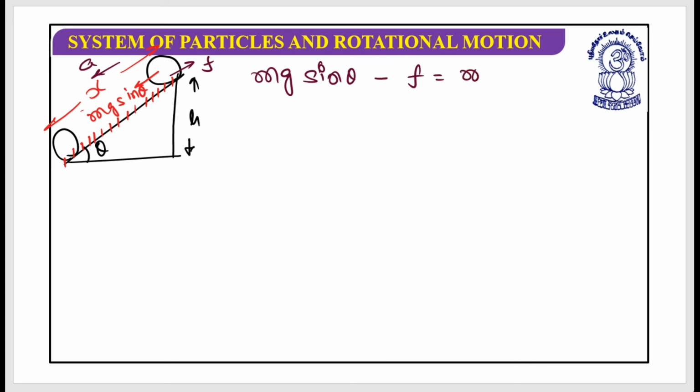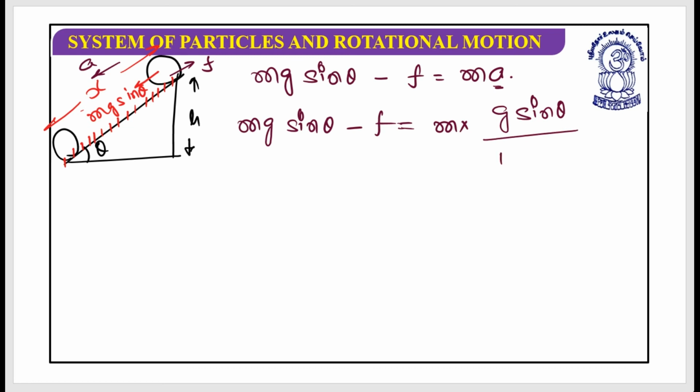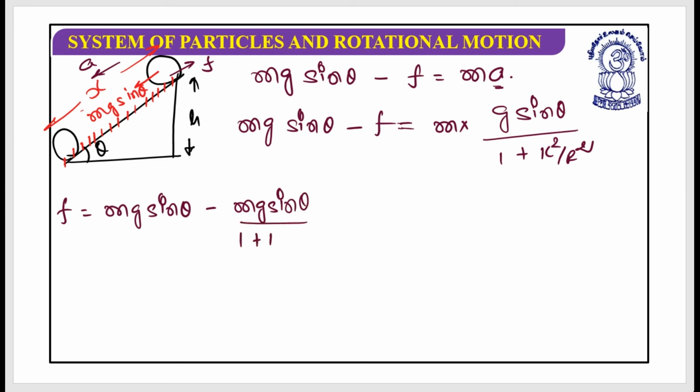So I must understand that mg sine theta minus friction equals m into a. While I write this, I can understand that mg sine theta minus f should equal m into acceleration. The value of acceleration is g sine theta upon 1 plus k square by r square. So for the friction, I could write f equals mg sine theta minus mg sine theta upon 1 plus k square by r square.